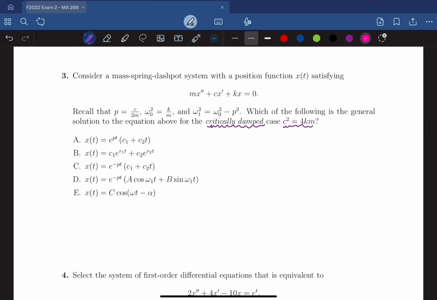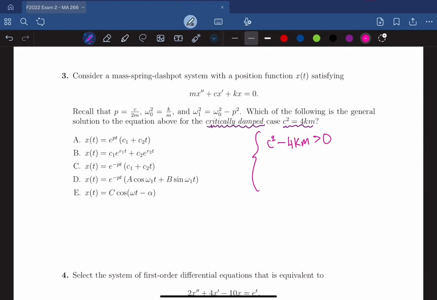One thing that I recommend you memorize specifically for mass-spring-dashpot system problems, and oscillation problems or mass-spring problems in general, is this piecewise. What you should always know is that c squared minus 4km, if that's ever positive, so think of this as when you're solving your characteristic equation with the quadratic formula, whatever's inside the square root is c squared minus 4km, pretty much.